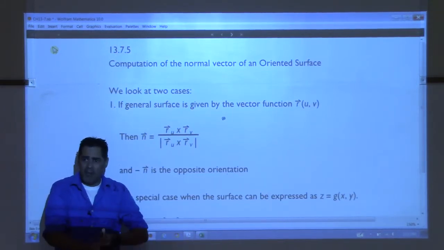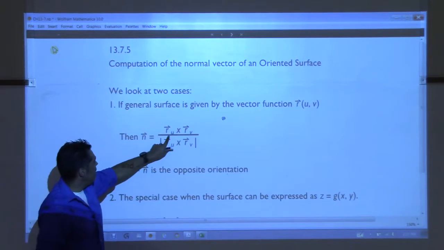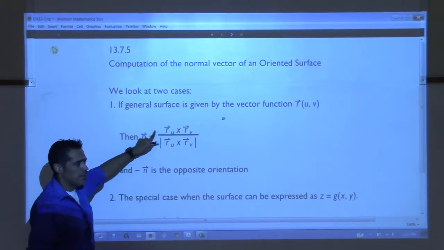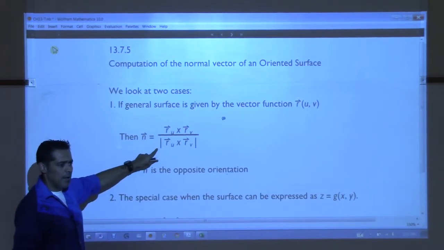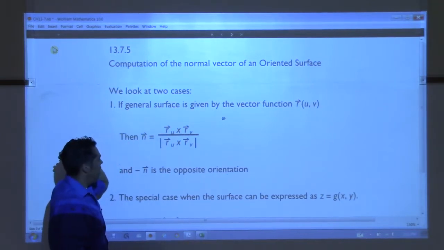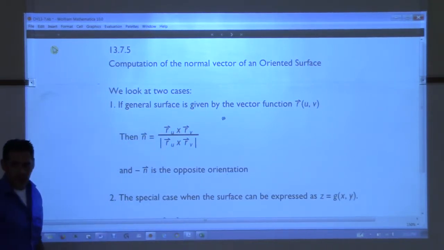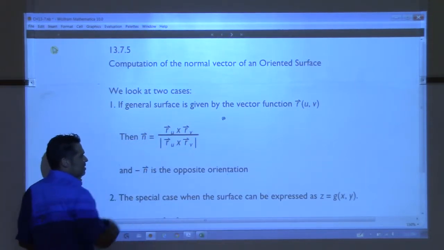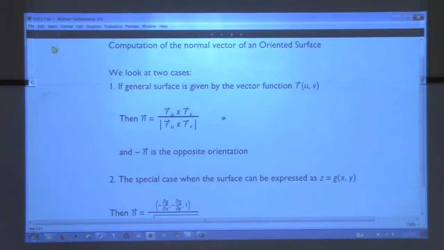We cross them, and that would give us our normal. And then we could divide it by its own length, and that would give us a unit normal vector, right? The length of this vector would be 1. Agreed? Because we're dividing it. That right there would be a normal vector, but dividing it by its length creates a unit normal vector. And then negative n would just be the vector that points in the opposite direction from that.